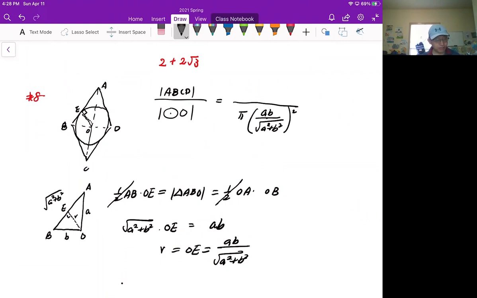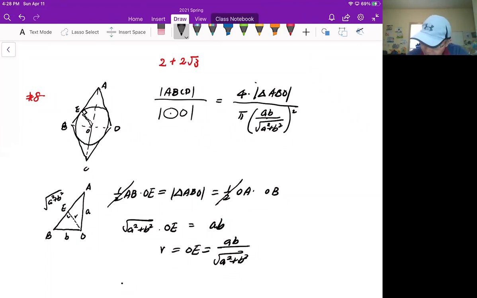So that's the denominator, that is pi r squared. What happened for the numerator? Well, for the numerator, it's just 4 times the triangle ABO because of the symmetry here, right? You just need to figure out one of the right triangles.